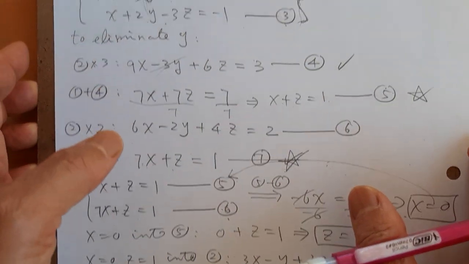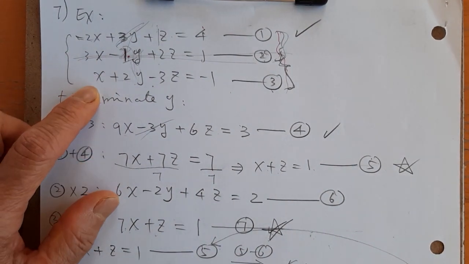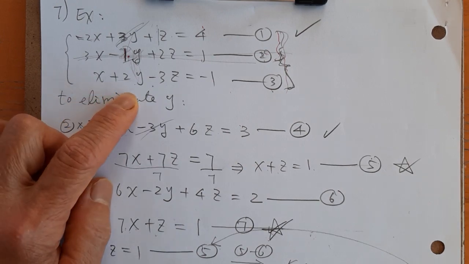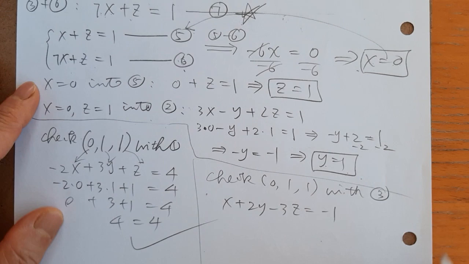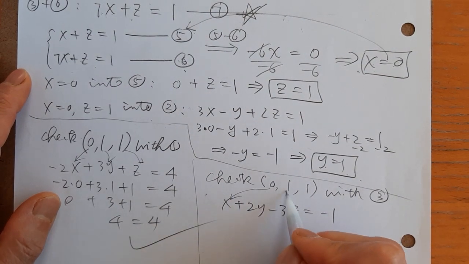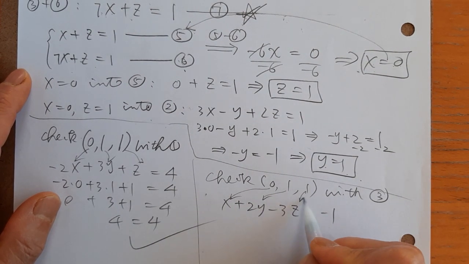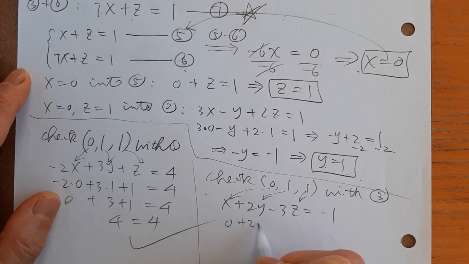The third equation is x plus 2y minus 3z equal negative 1. So x is 0, plug in. 1 put in y. 1 put in z. So 0 plus 2 times 1 minus 3 times 1 equal negative 1. So 0 plus 2 minus 3 equal negative 1. So negative 1 equal negative 1.